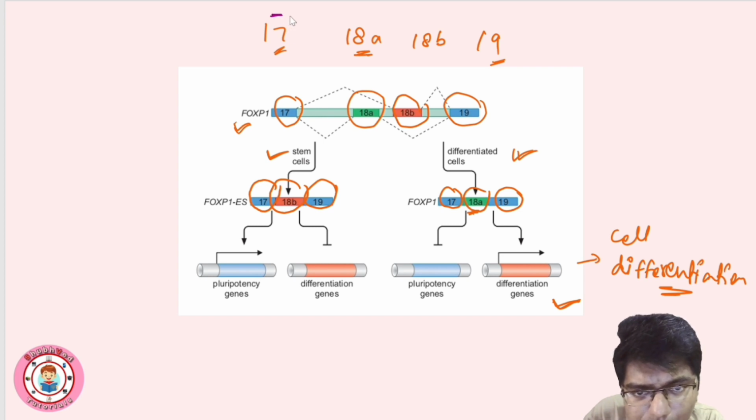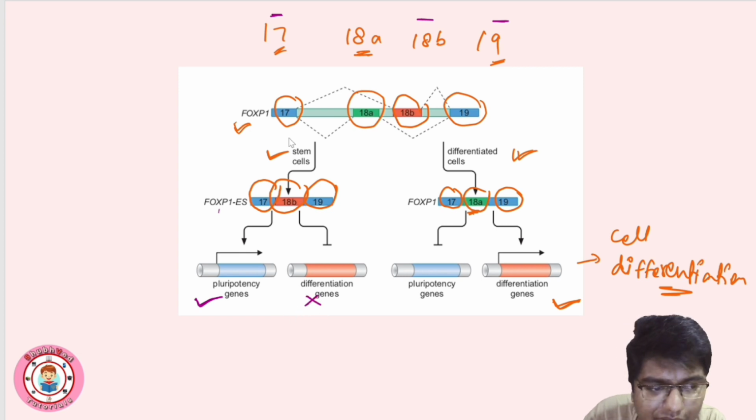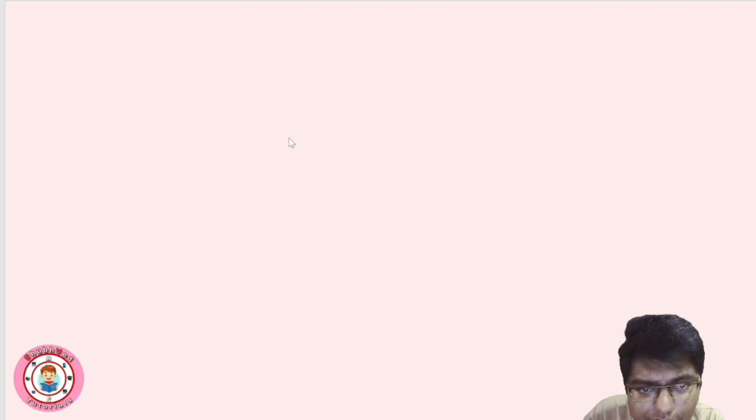I will show here with pink. Then 18B and 19. So this is necessary for pluripotency, and no differentiation. Okay, so I will sum it up. This is also very important for the slide. 17, 18A, 18B, 19.